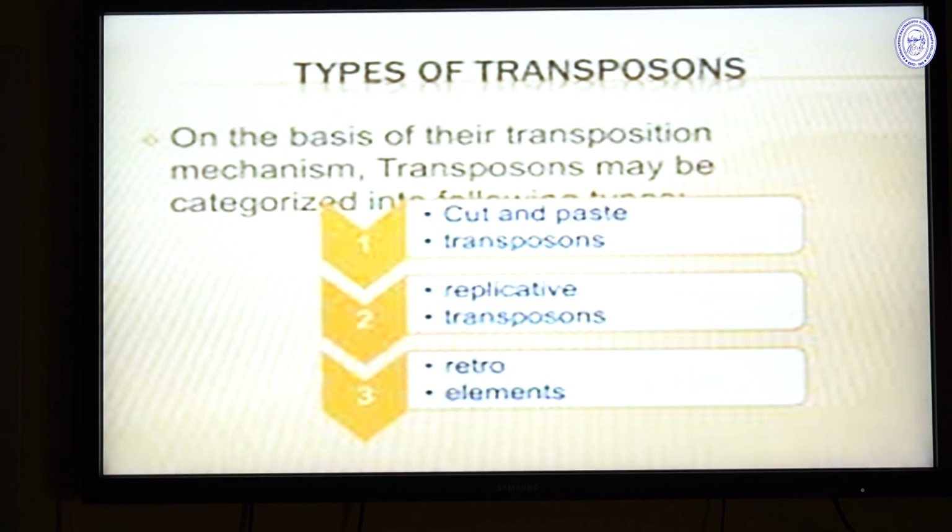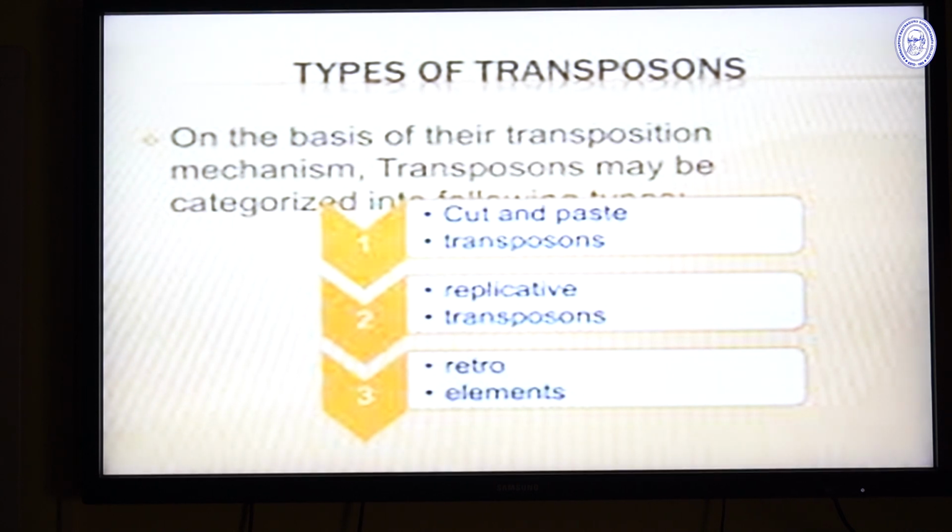Now, I have already discussed the types of transposons. I would like to categorize these transposons again on the basis of the mechanisms in which they are replicating. Firstly, we have classified the transposons on the basis of their structure, and as well as their existence.